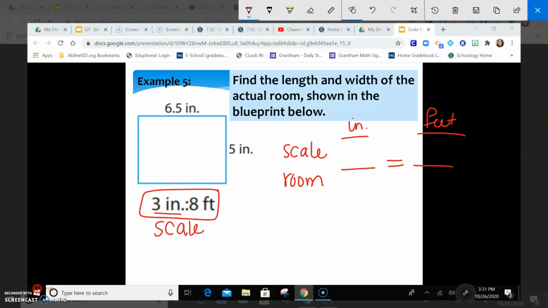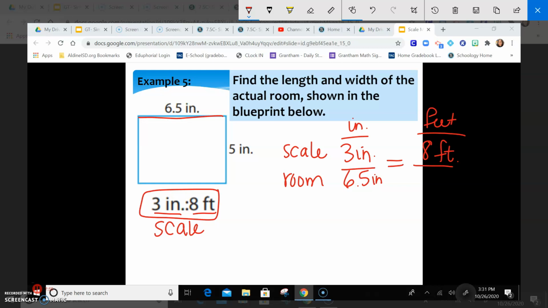So I come over here and I see that there is 3 inches in the scale. What about the room? So I'm going to work with this side of the room first, which is 6.5 inches. Again, I'm keeping all my inches together right here coming down. Now for my scale, what about my feet for my scale? It's 8 feet.